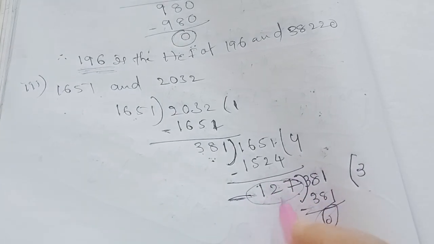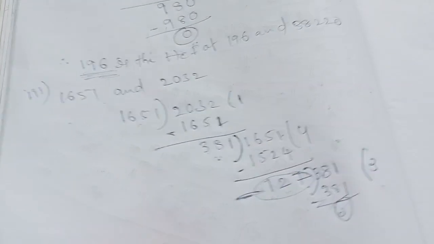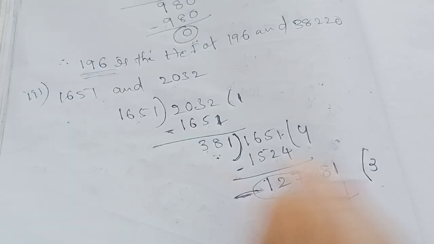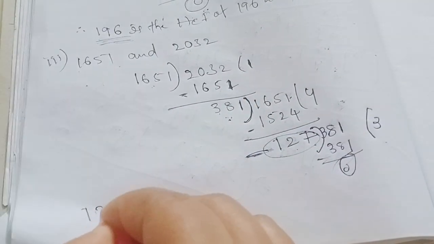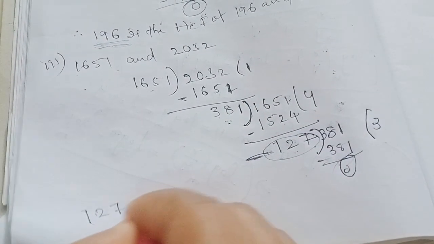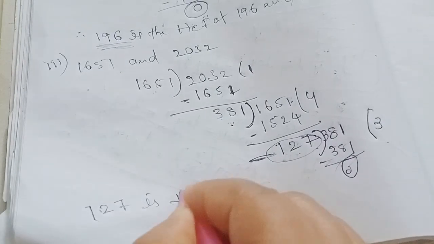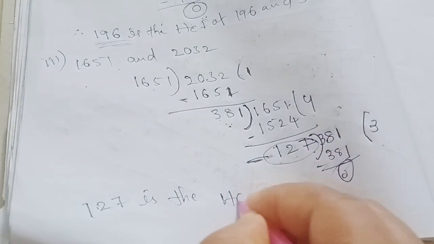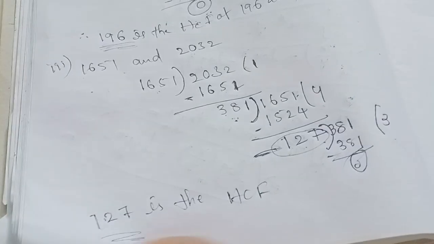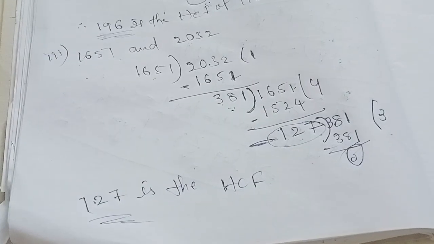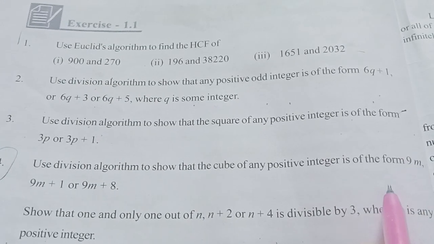So this is the HCF. So the HCF is 127. Okay, this is the answer. Is it clear? Okay, next, second question.